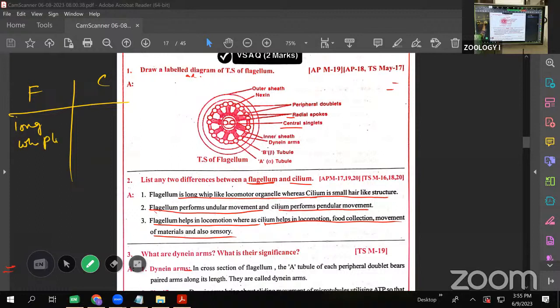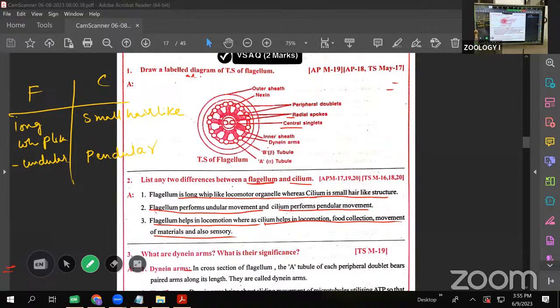Here, this one is small hair-like. Next, flagella have undulatory movement. This, the cilia, have pendular movement.